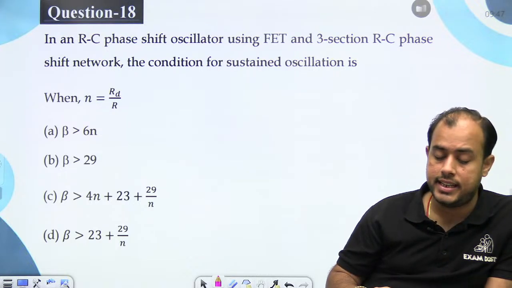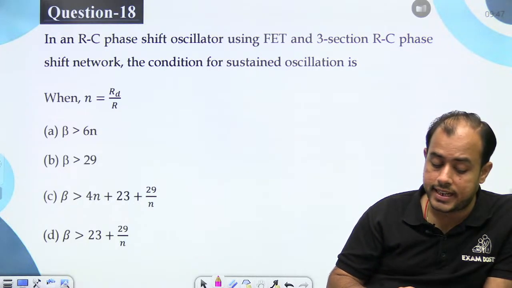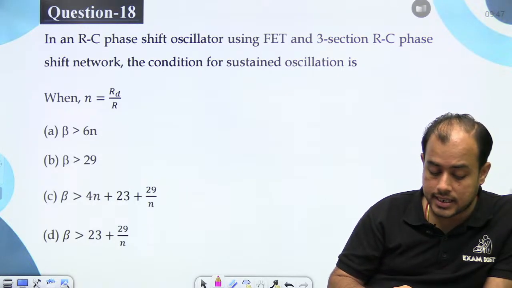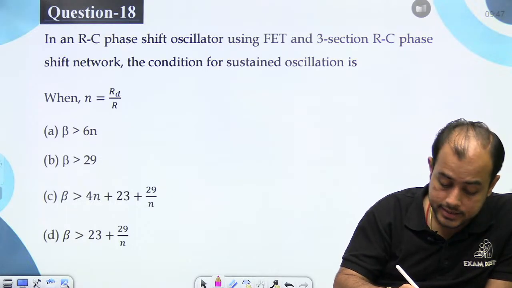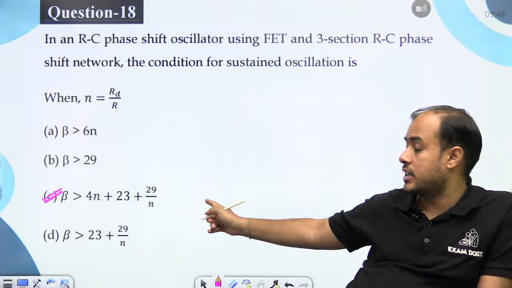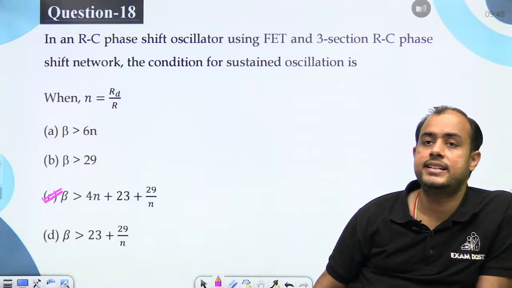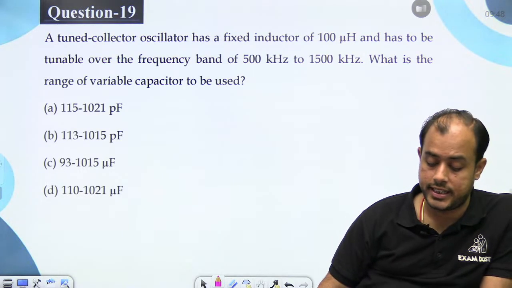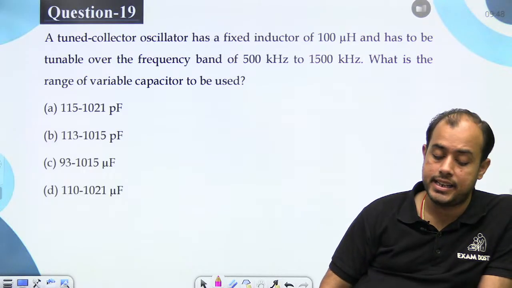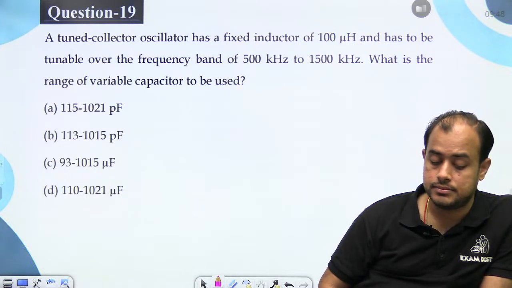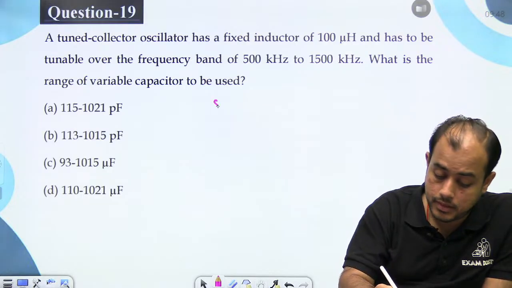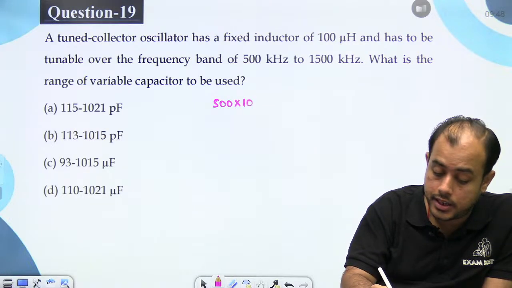ESE 2017, in a RC phase shift oscillator using FET and 3-section RC phase shift network, the condition for sustained oscillation is, it is C. ये कंडीशन आपकी आती है in case of FET 3-section RC phase shift oscillator. ESE 2017, a tuned collector oscillator has an inductor और बैंडविड्थ दे रखी है range of the capacitor. ट्यूनेबल.